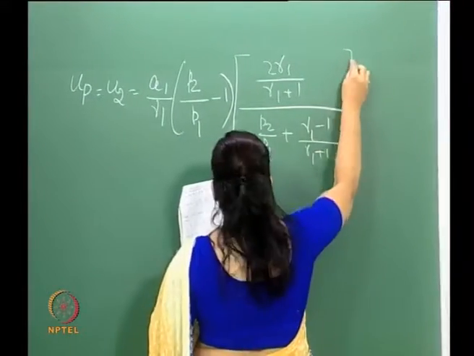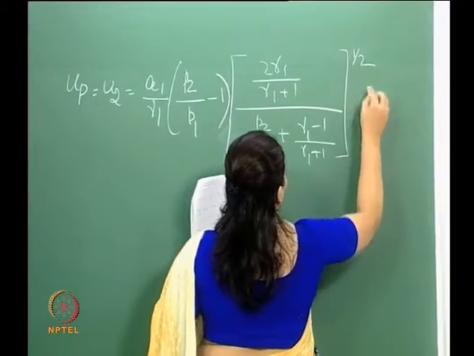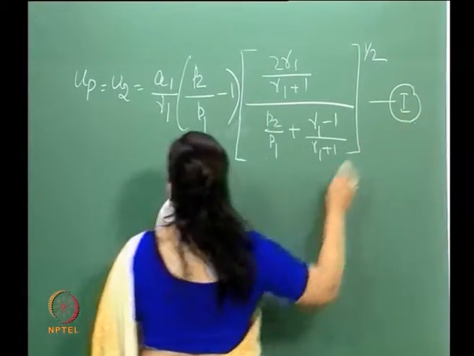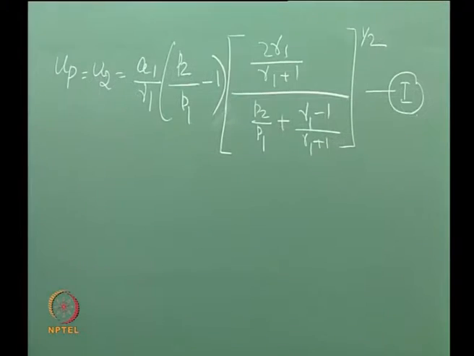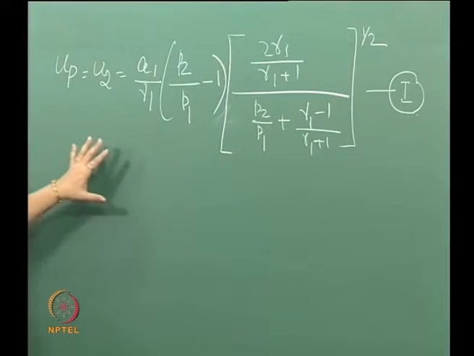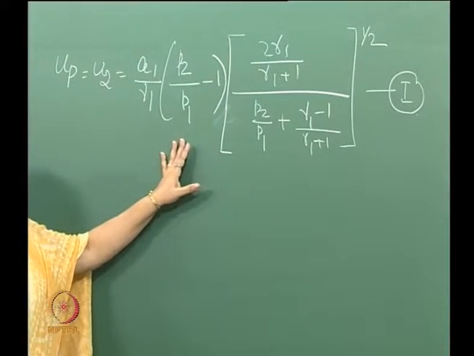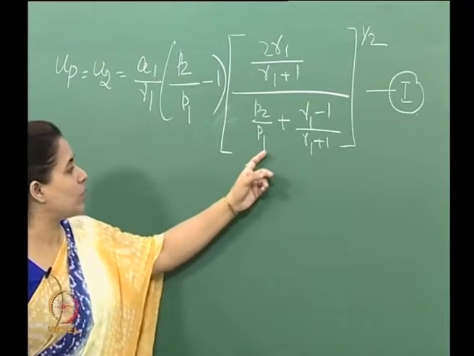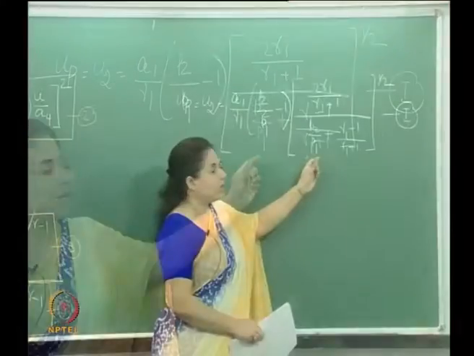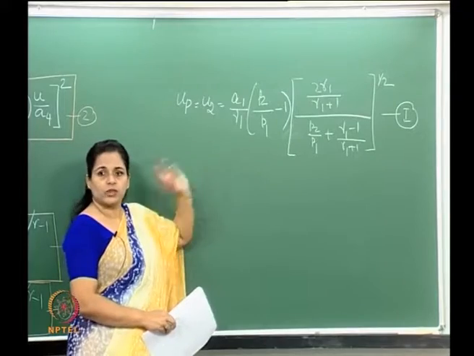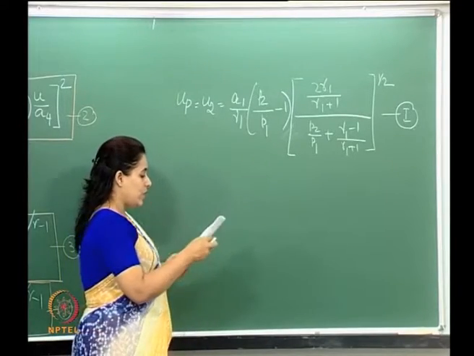So we had an expression for the velocity, which is u2 equals up, in terms of the pressure ratios in regions 1 and 2. In this case we are basically considering the gas in region 1. So this is what we have from the shock analysis which we have done before.